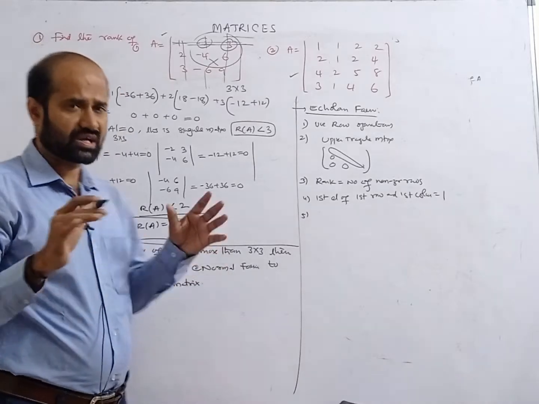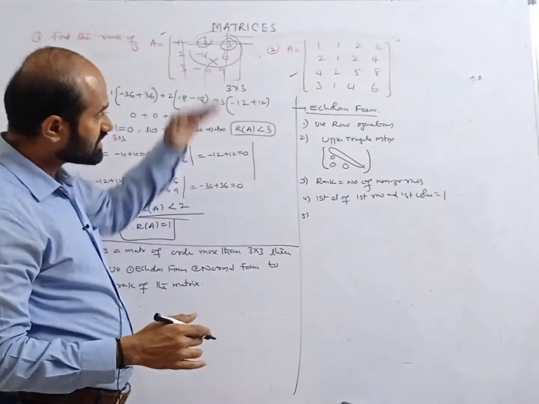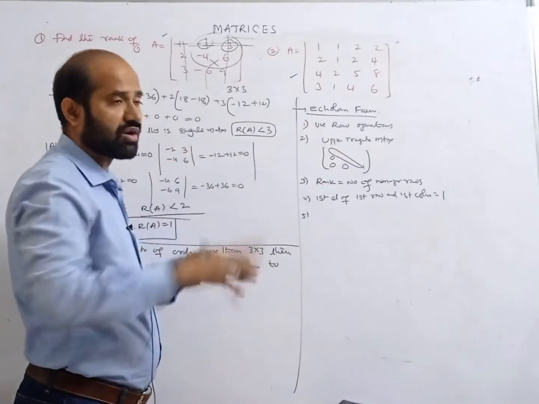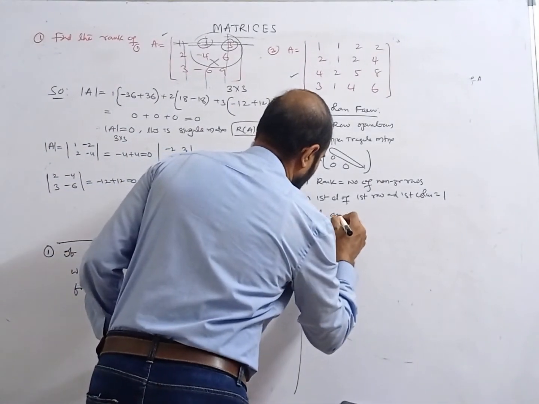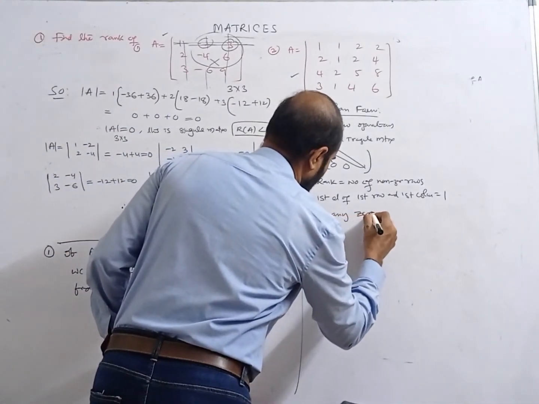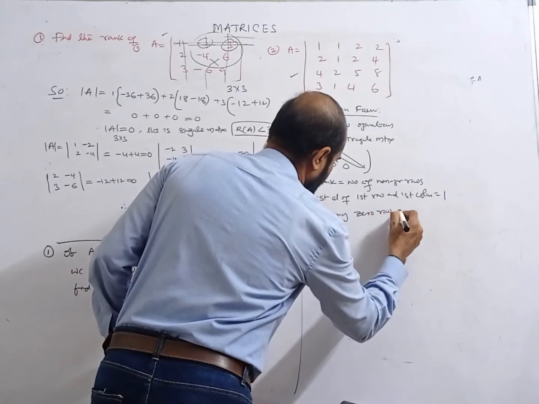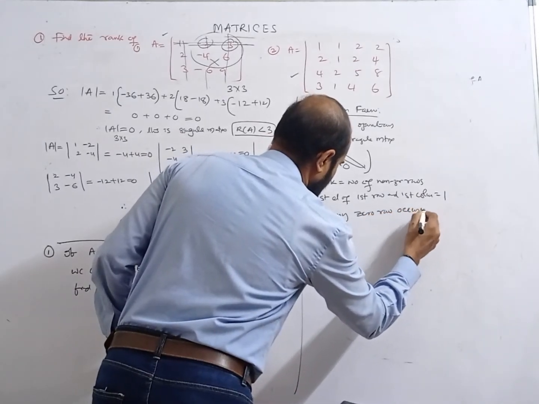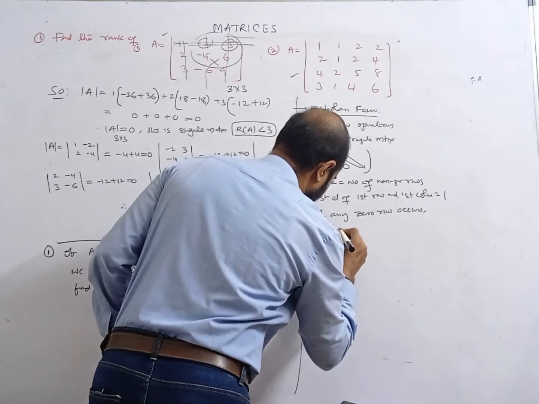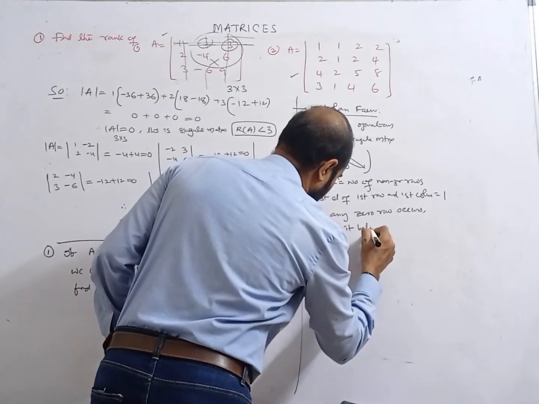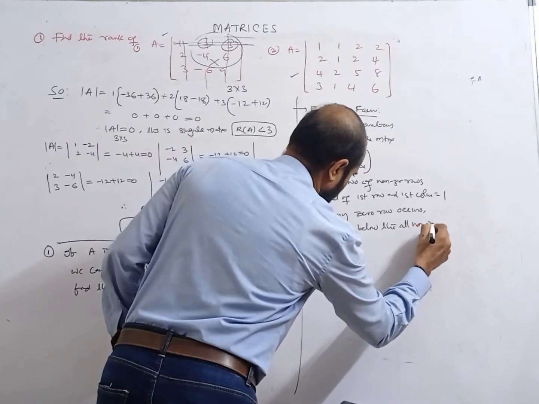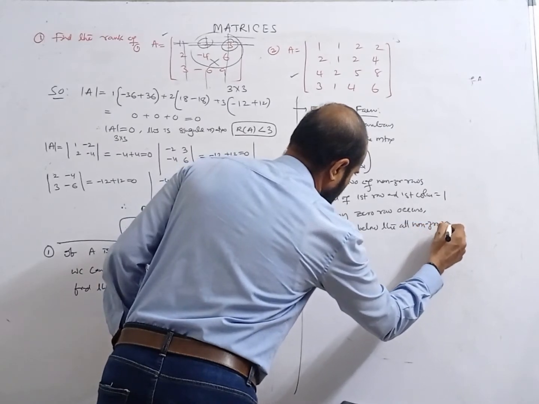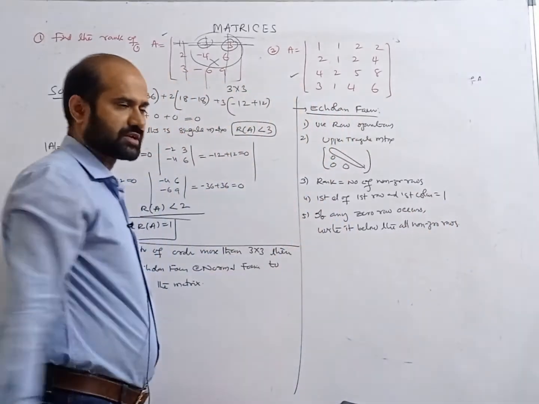If any 0 row occurs, then write that 0 row below all the non-zero rows, right? I think you understood clearly.